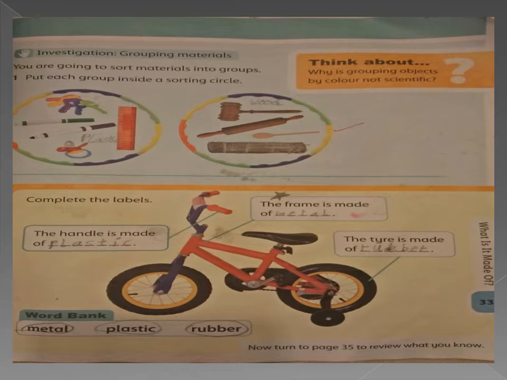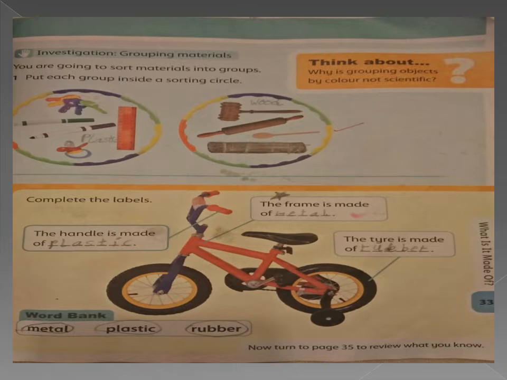So we sort different materials by looking at their properties, and the materials which have the same properties we make their separate group, and the other materials which have different properties we make another group. As you can see, in the first group they have all the things made of plastic, so they made a plastic group here, and the other group has different things and they are all made of wood, so they have given them a different name, that the first group is of plastic and the other is of wood.